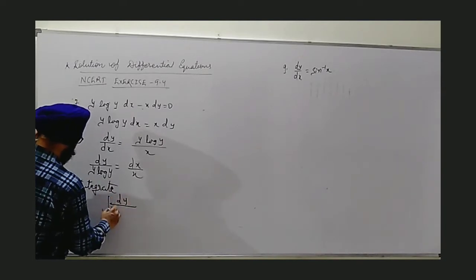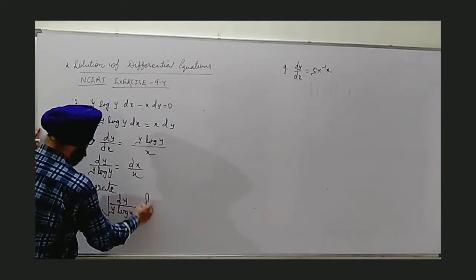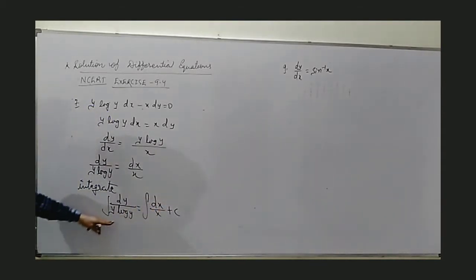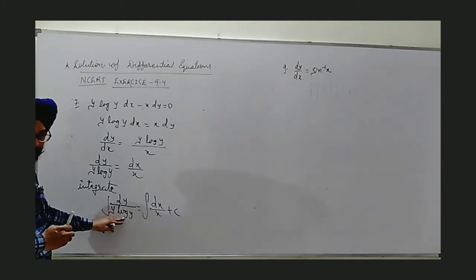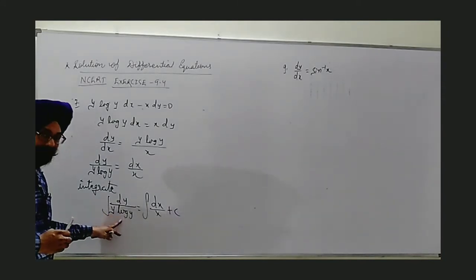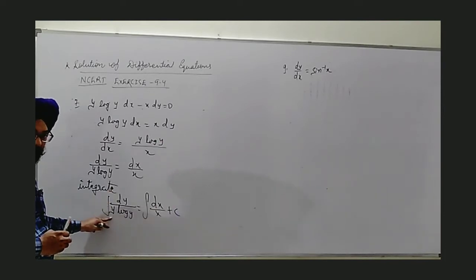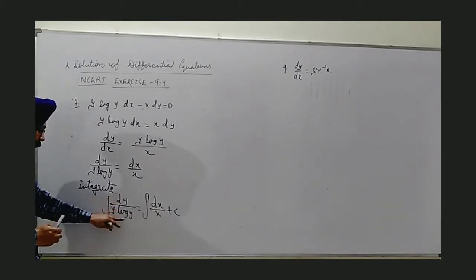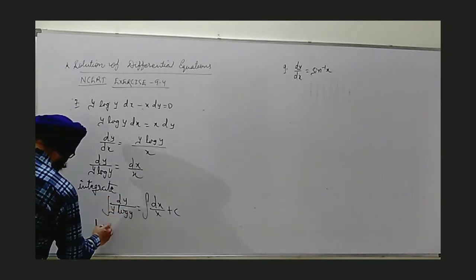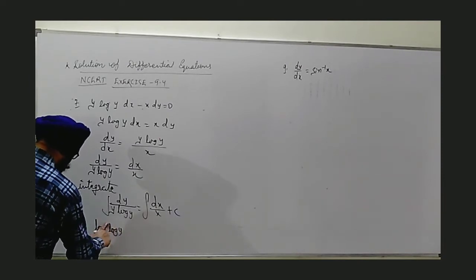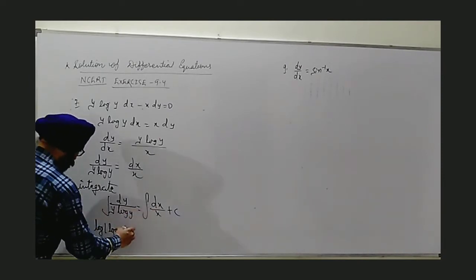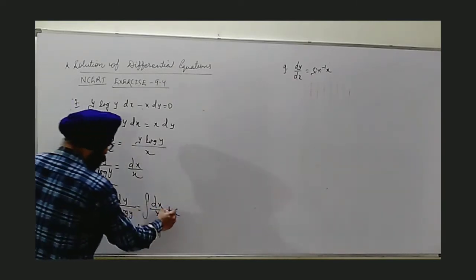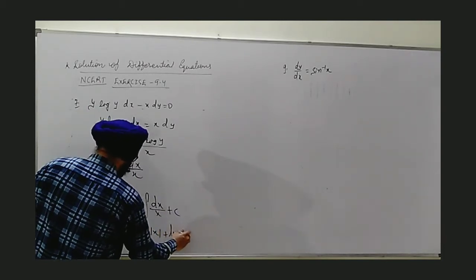Integration dy upon y log y equal to integration dx upon x plus c. Here what you see, y and log y. So log y substituted as t, its differentiation is 1 upon y dy. Okay, so that will be equal to dt. So dt upon t, so directly you can write log of log y, and yes, in mod, equal to log of x. Now both of the terms are in log, so this c I replace by log of a.